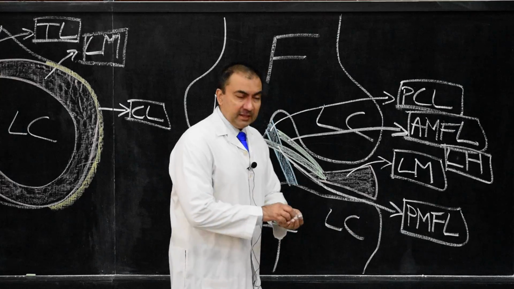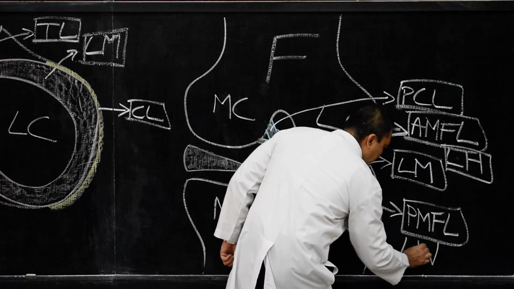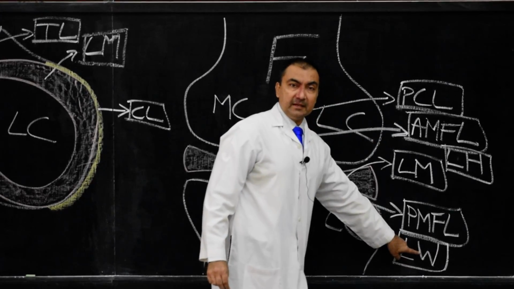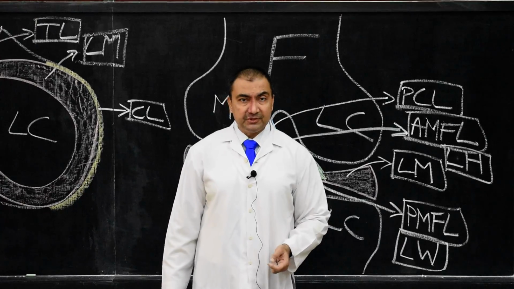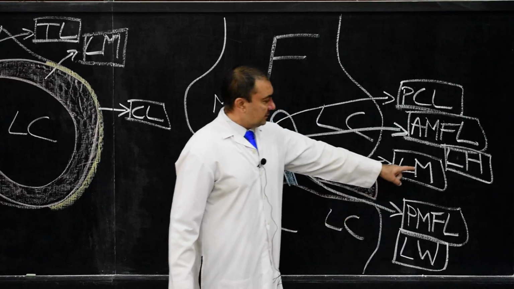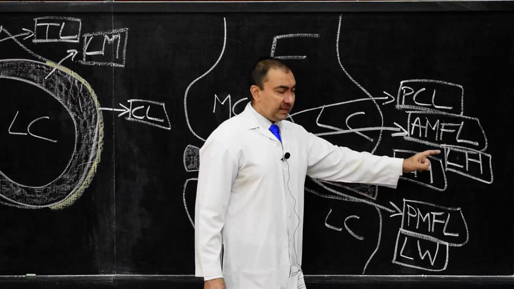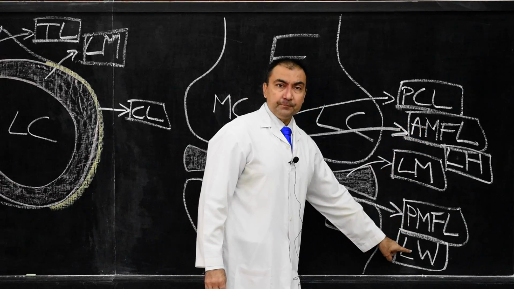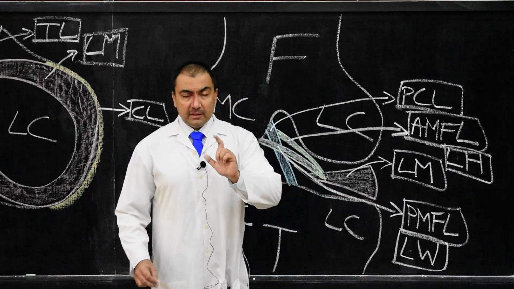Posterior meniscofemoral ligament will be known as ligament of Wrisberg, W-R-I-S-B-E-R-G. These two are very much asked in one mark question answer or MCQ. What is ligament of Humphrey? What is ligament of Wrisberg? Ligament of Humphrey is the other name of anterior meniscofemoral ligament, and ligament of Wrisberg is the other name of posterior meniscofemoral ligament.